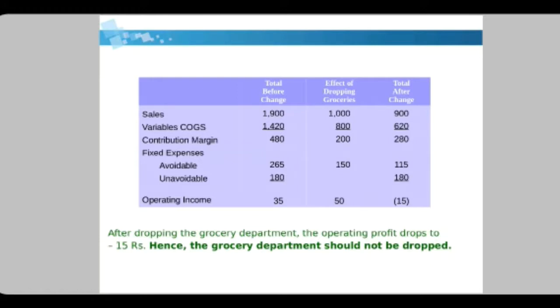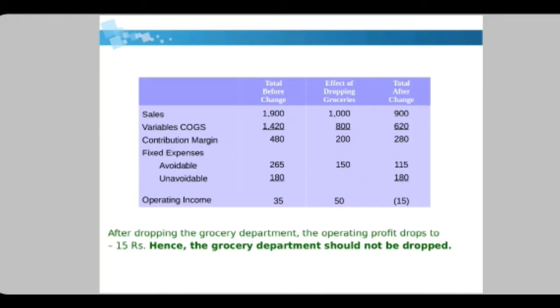Now fixed expenses, avoidable and unavoidable. The avoidable cost will go with the groceries department, so 265 minus 150 equals 115, and the unavoidable cost is 180. Even if you drop the groceries department, the unavoidable cost won't change, so it will be 180.